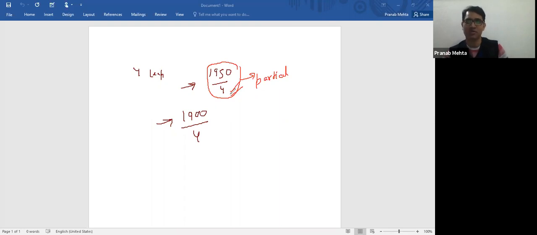But that is wrong. The reason is 1900. 1900 is divisible by 4. But was 1900 a leap year? No, it was not a leap year. 1800 is divisible by 4. But was 1800 a leap year? No, it was not a leap year. 1600 is divisible by 4.